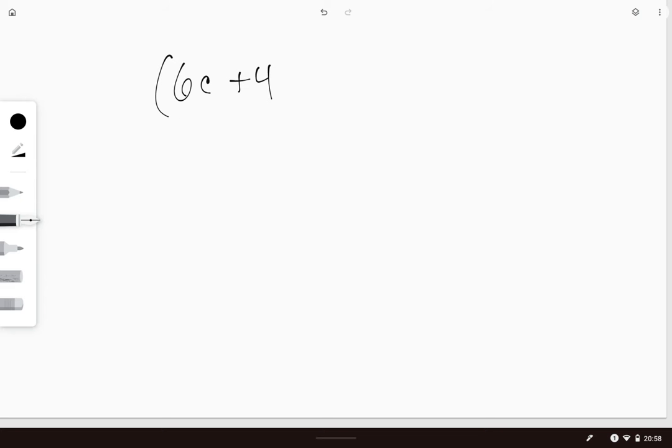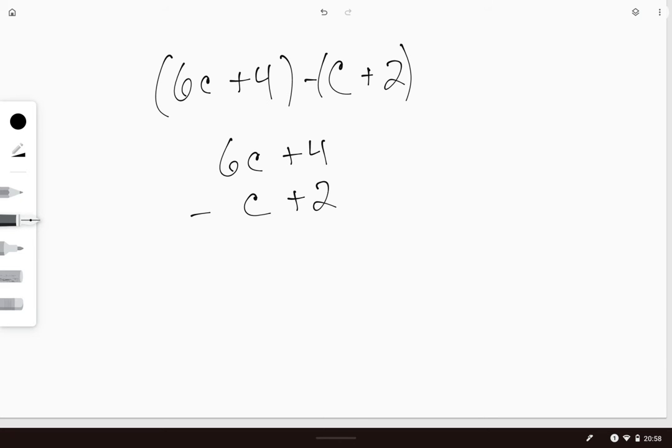Okay, so let's say, for example, I have 6c plus 4 minus c plus 2. Now, the way I taught you how to do this yesterday by simply stacking your problem is you'd write 6c plus 4 minus c plus 2.